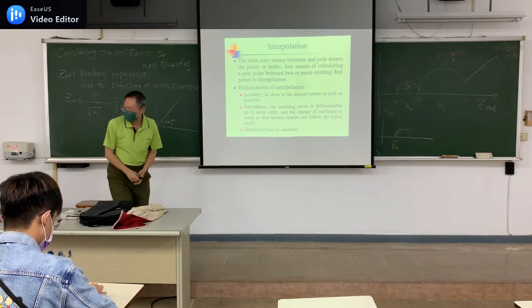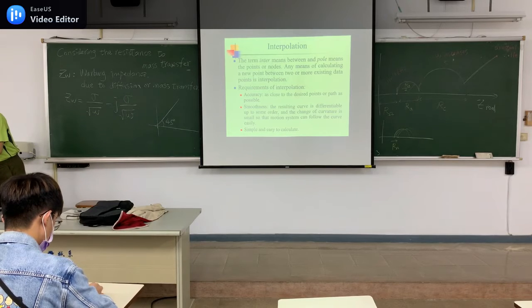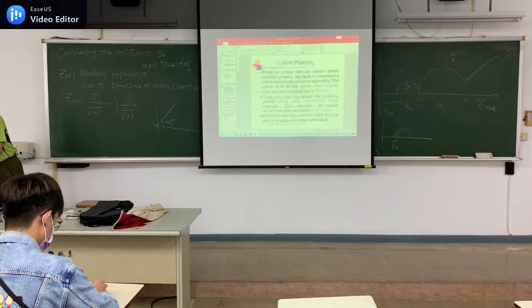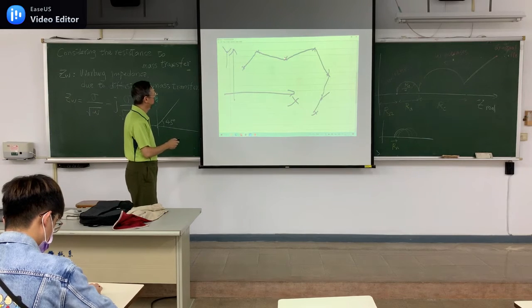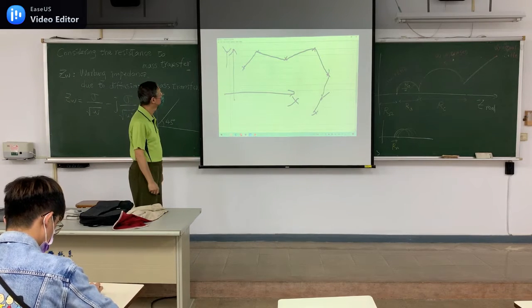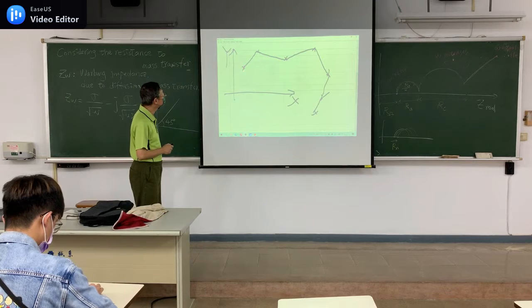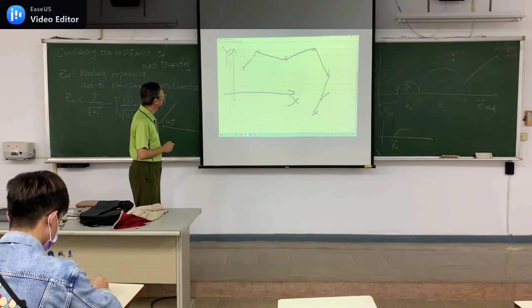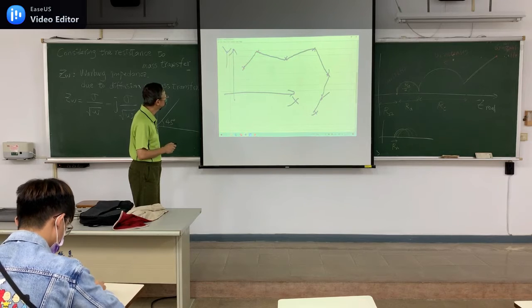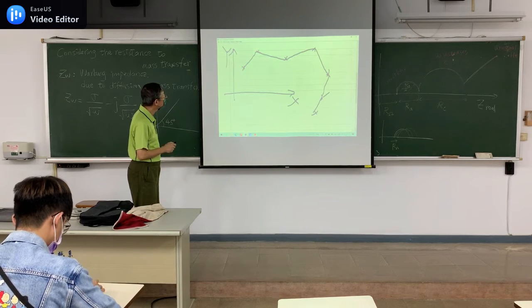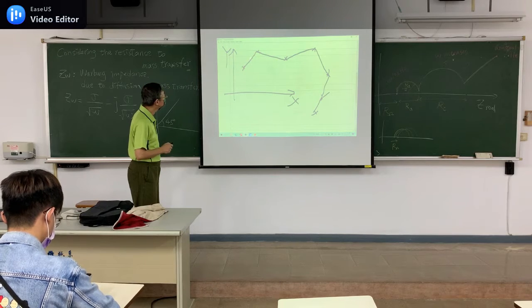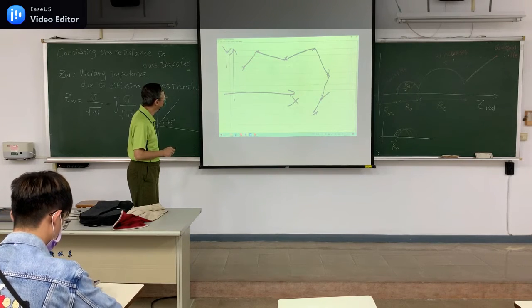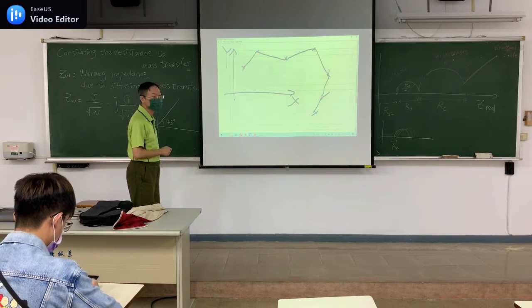Okay. So something like this. We are given another point. We want to determine between these 2 points how we should go. We should go a linear way or we should go a circular way. A circular path between this and this, or a linear path between this and this, or a polynomial path between this and this.